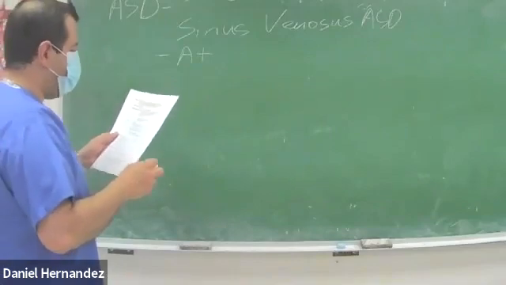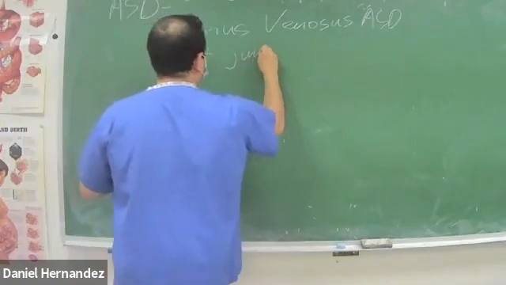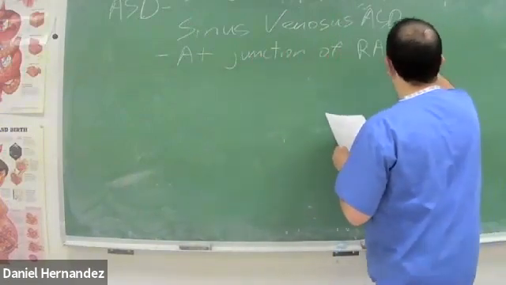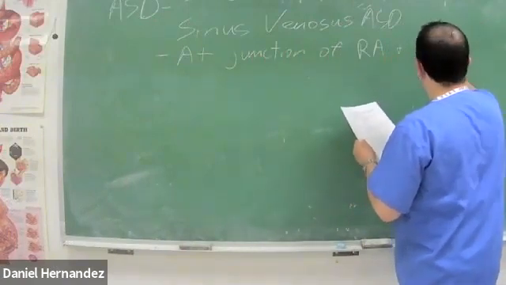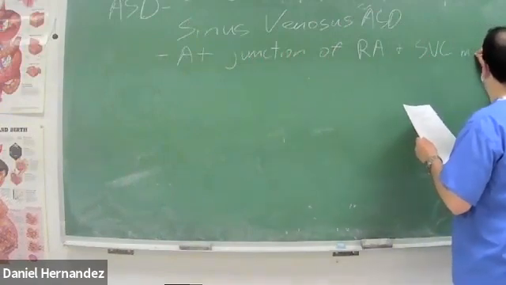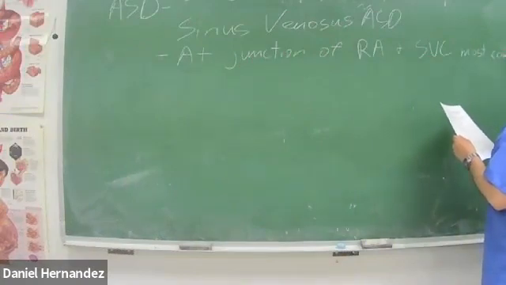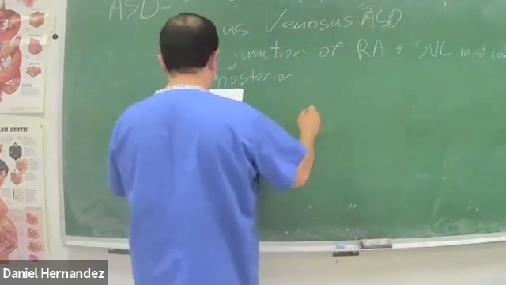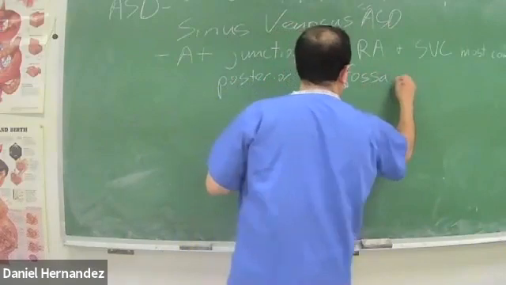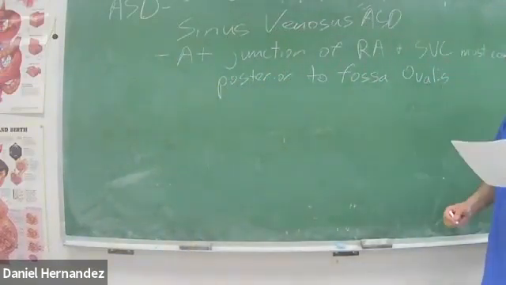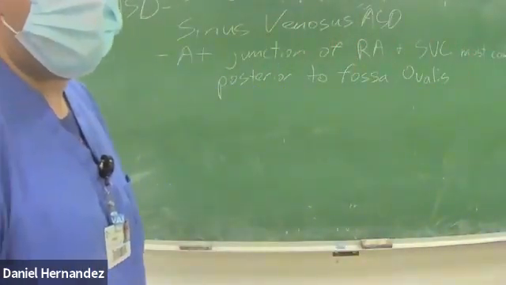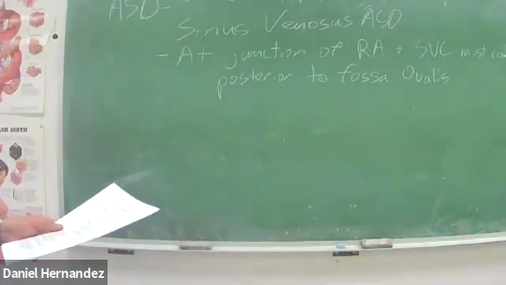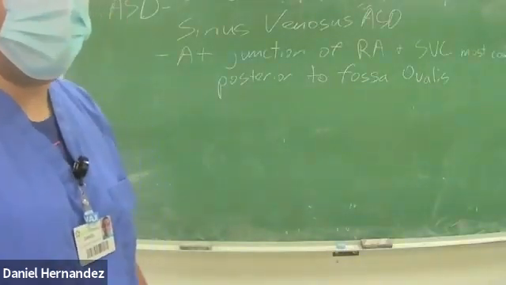Most commonly it is posterior to the fossa ovalis, along the posterior portion of the atrial septum.